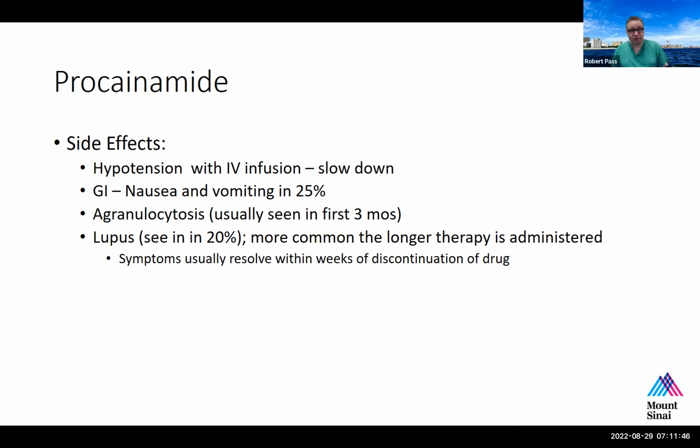And this last point about lupus-like syndrome, being seen in 20%, is more common the longer the therapy is administered, and the symptoms will usually resolve within a few weeks of discontinuation of the medication. But it really does masquerade with all of the symptoms of lupus, including the malar rash and other things that you can see in lupus.